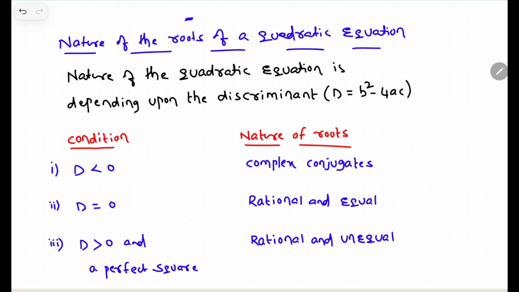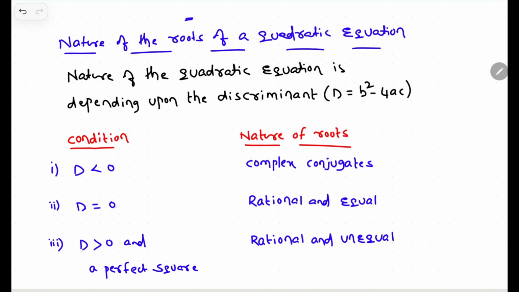Now quadratic equations have two roots. Here we can find the nature of the roots using the discriminant formula, D value, that is b square minus 4ac. If D is less than 0, the roots are complex conjugates, they are in pair.